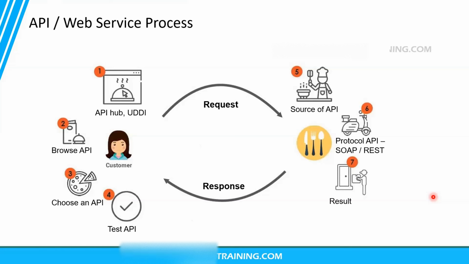Moneycontrol or any other app uses a web service as the backend. They get the APIs from the BSE or NSE markets and get the data from them.